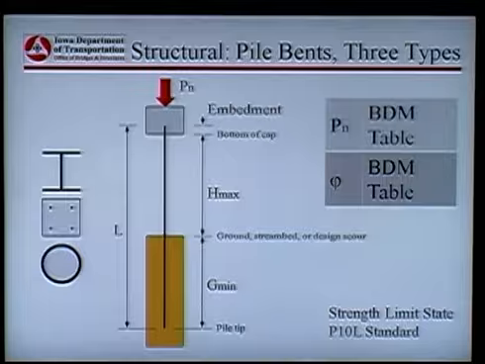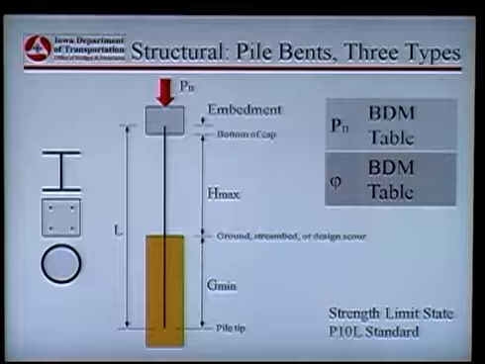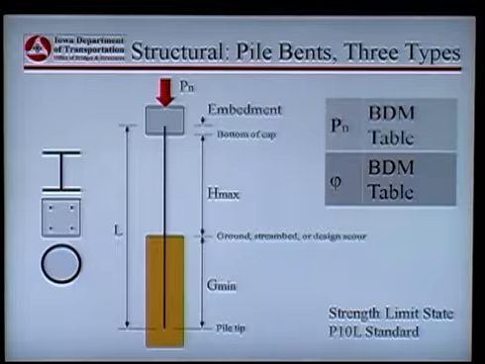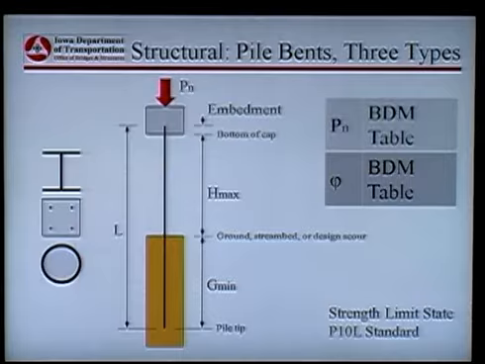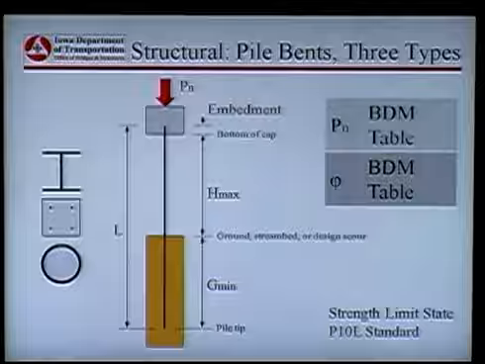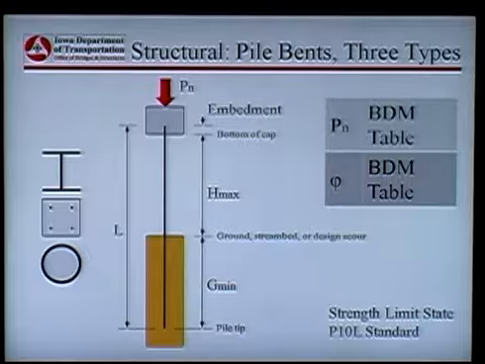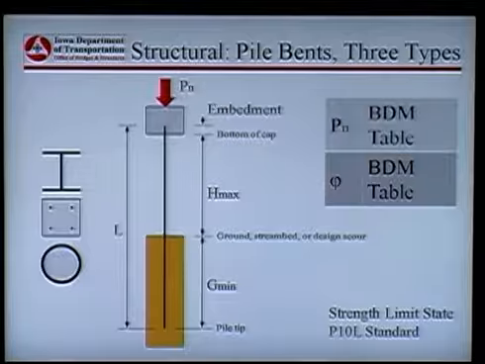There's basically a maximum height above ground, stream bed, or design scour that's intended to make sure the pile doesn't buckle. If you get too tall, you've got a problem. We also have a minimum embedment that is intended to prevent a fence post type of failure. The intent is that it should be a flexural failure rather than just kind of fall over. And those values, besides being given on the P10L sheet, are in the design manual.